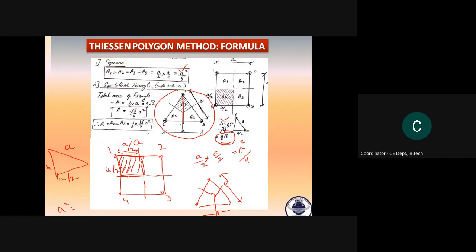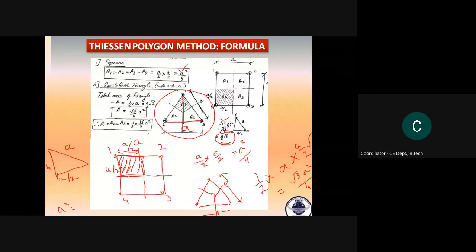The base is A. So half into base into height will give you the area, right? Half into A into A by 2 under root 3. So the result is under root 3 A square by 4. This is the total area of this triangle.